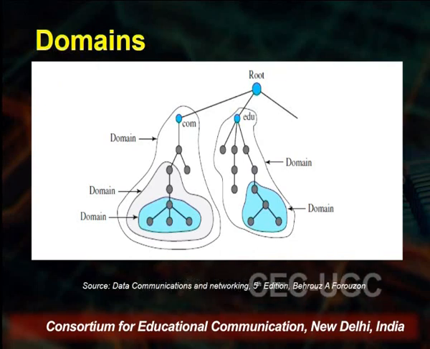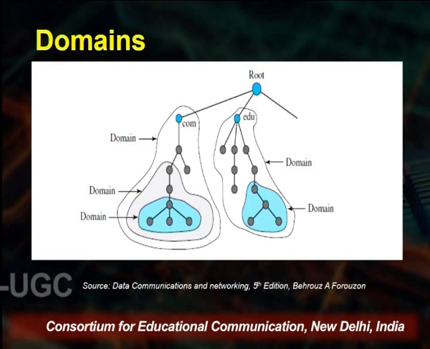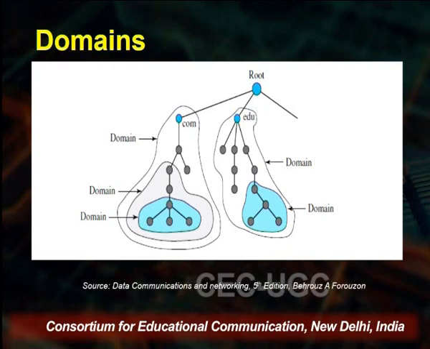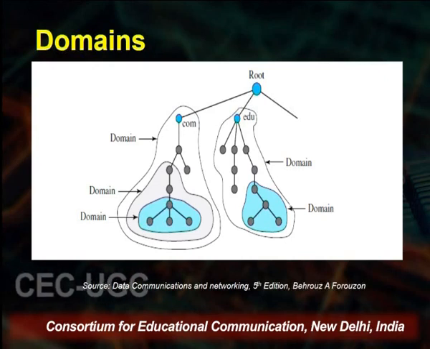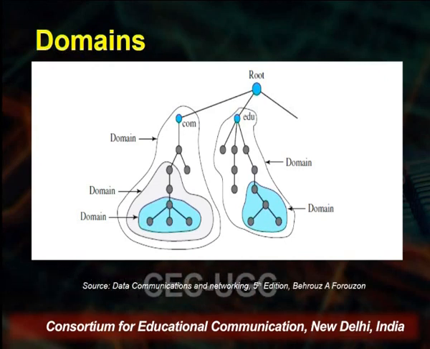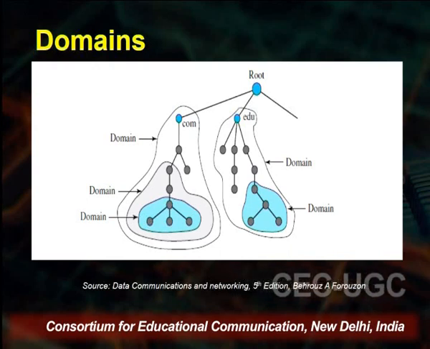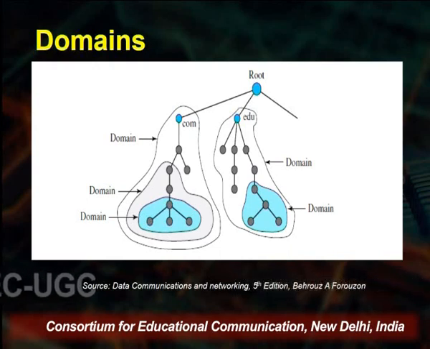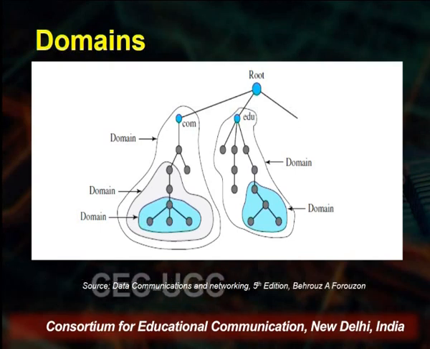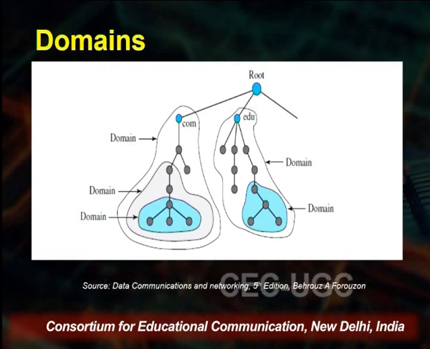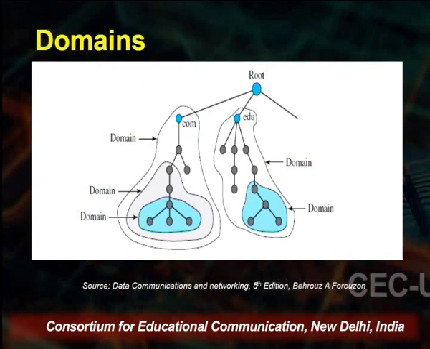Likewise we can have other domains also, and each subtree is further categorized in the form of a subdomain, which can also have its own nodes. And if you remember, we had also seen that no two children can have the same label or name. The name given has to be unique.